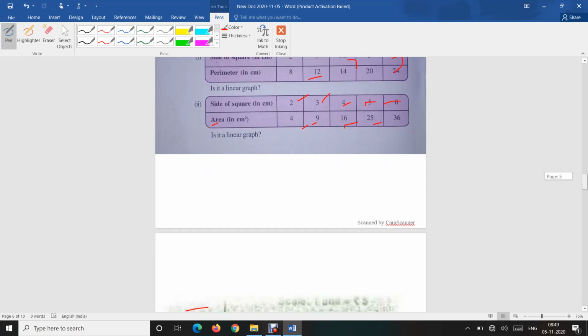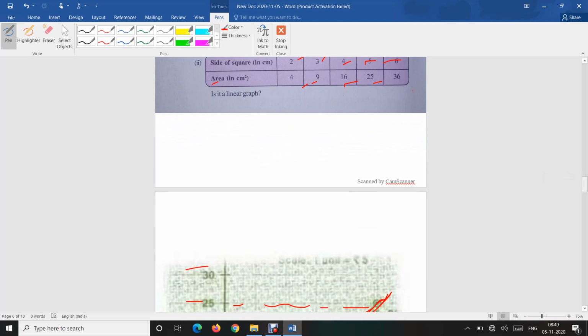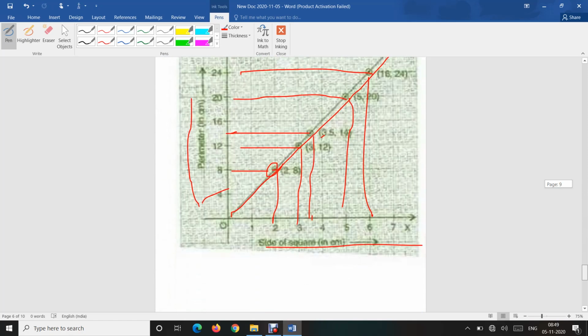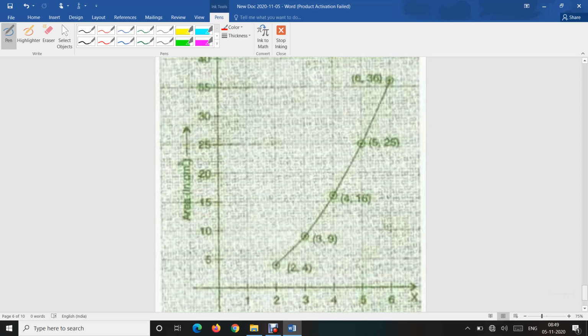Here you can see that the minimum difference between the areas is 5. So you can choose the scale as 1 unit is equal to 5 centimeter square. On the x-axis you will take side, and on the y-axis you will take area.